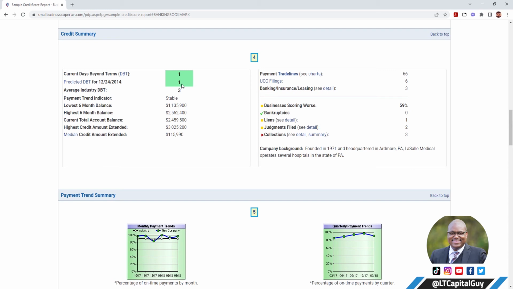Obviously you want these numbers to be as low as possible, preferably zero, right? So you want it to always say that your current days beyond term is zero. And as long as it's as close to zero as possible, you're going to be in the green. In this particular case, this company is at 1, so they're basically 1 day beyond terms.